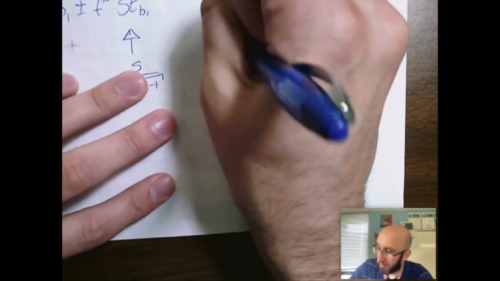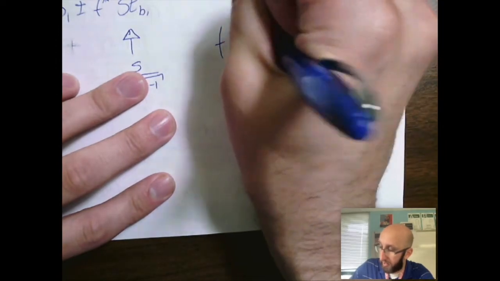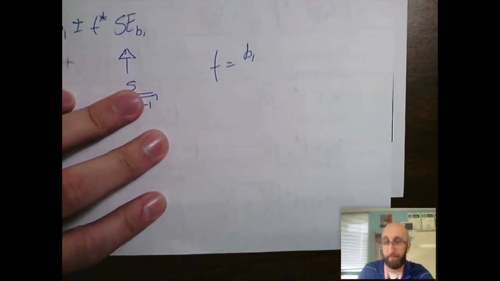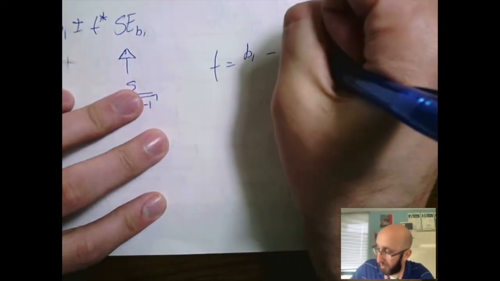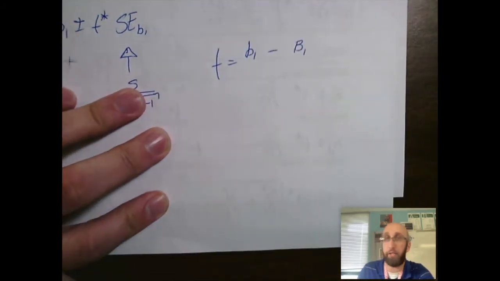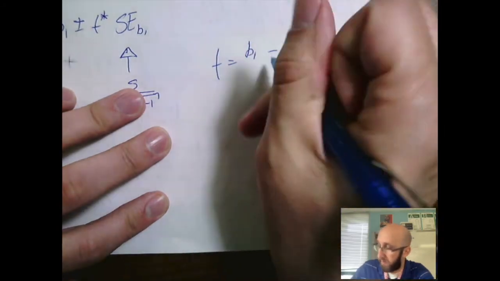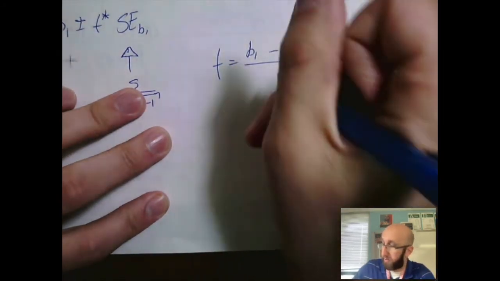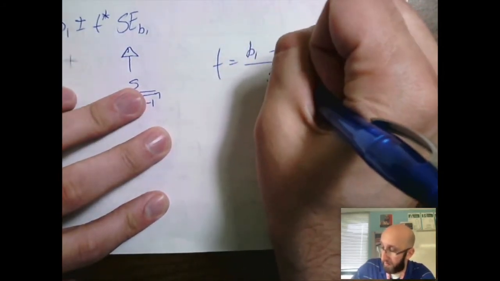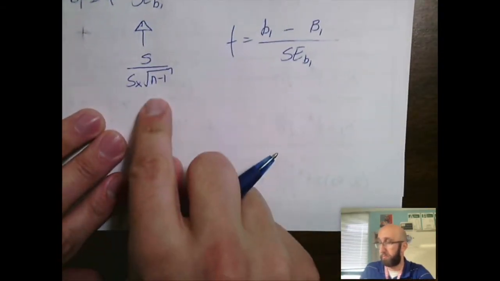Finally, your t-test for slope. You have to take your statistic, our sample slope, minus our population parameter, that's our population slope, capital beta 1, and then divide by the standard error of b1.